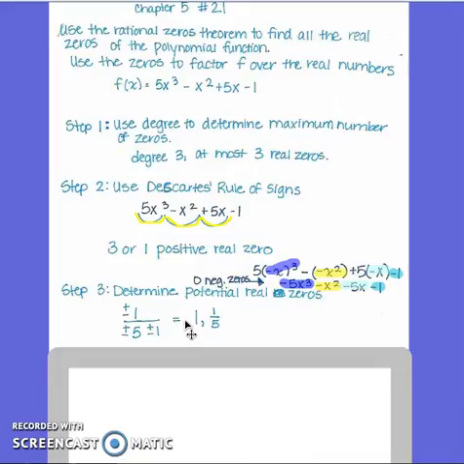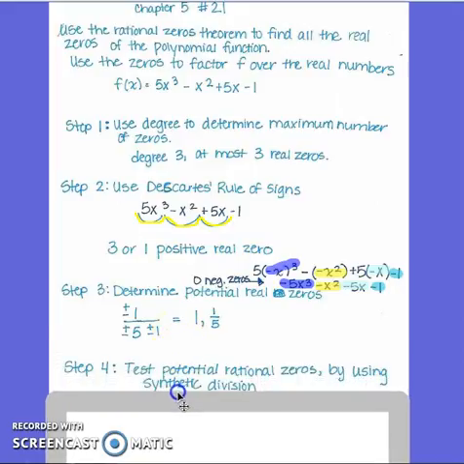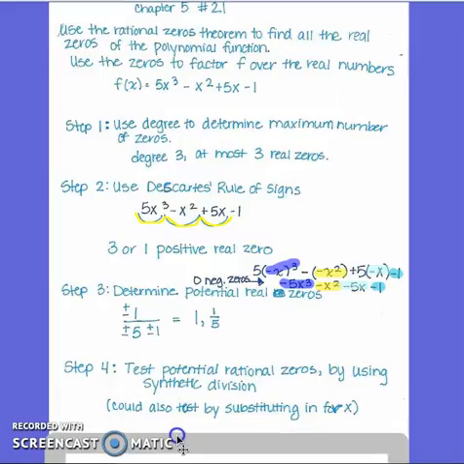We can't have 3. And at most, we were going to have 3 real zeros. We had 0 negative zeros. So one of these is going to need to work. One of these will satisfy our function. Okay? Step 4, we need to test our potential rational zeros by using synthetic division.